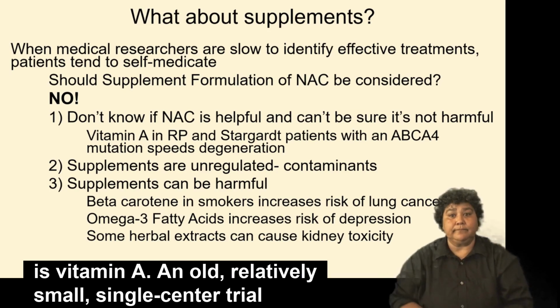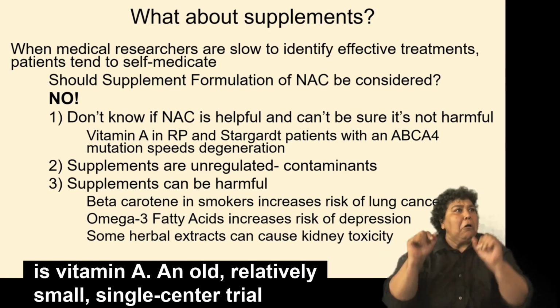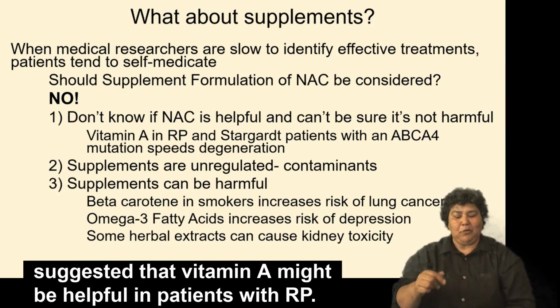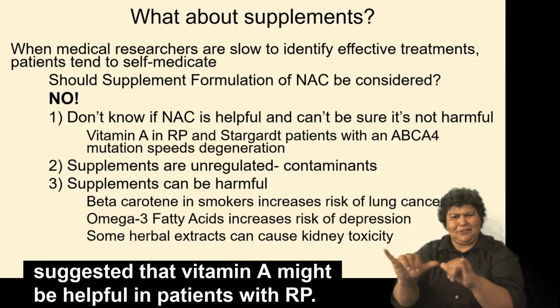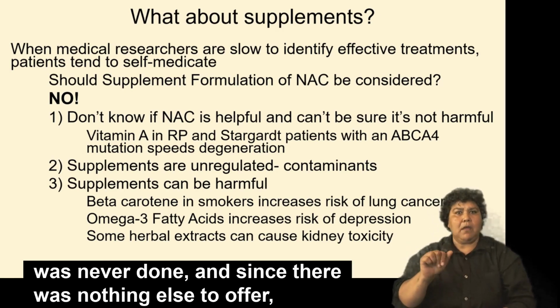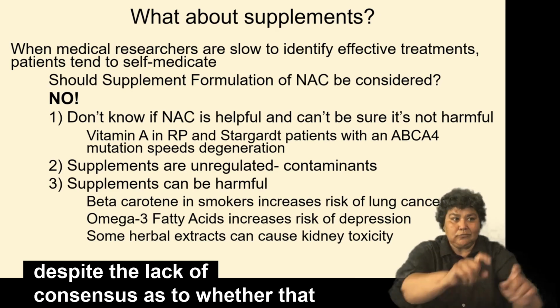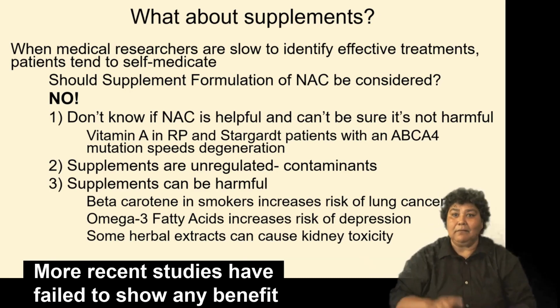An example that is particularly relevant is vitamin A. An old, relatively small single-center trial using a controversial outcome measure suggested that vitamin A might be helpful in patients with RP. A multicenter placebo-controlled trial was never done, and since there was nothing else to offer, some physicians recommended vitamin A despite the lack of consensus as to whether that was a good idea.